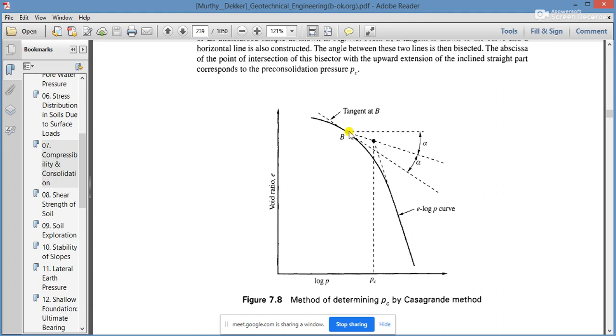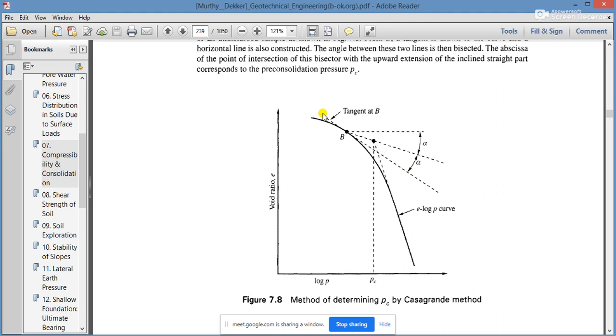After that, you have to draw one straight line from B in the right direction. After drawing this line, draw a tangent. Which tangent? I'm talking about this dotted tangent. Already this straight line has been drawn.